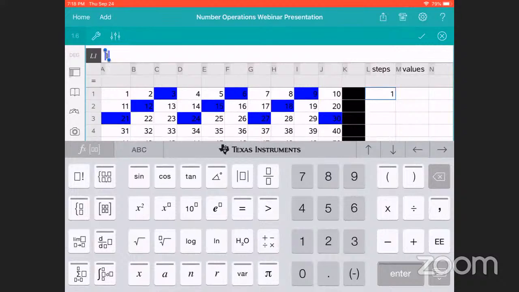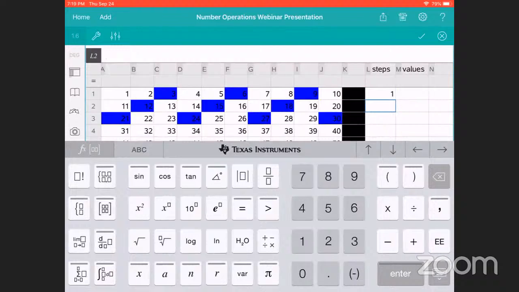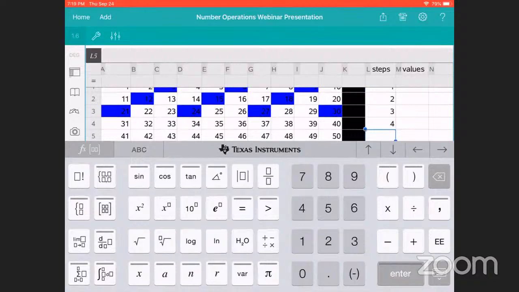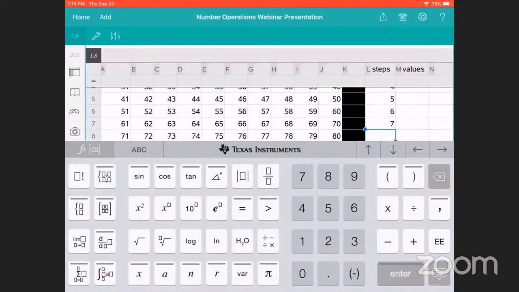And then to get your keyboard to go away, you can click in the bottom right-hand corner and that sends it away. But I'd like to fill in some of these numbers here. So I can type 2, enter, and it takes me down to the other 3, 4, 5, 6, 7, 8, 9, and 10.